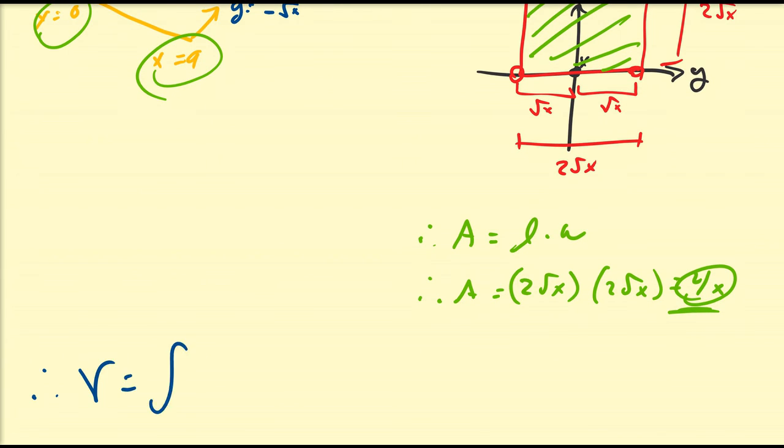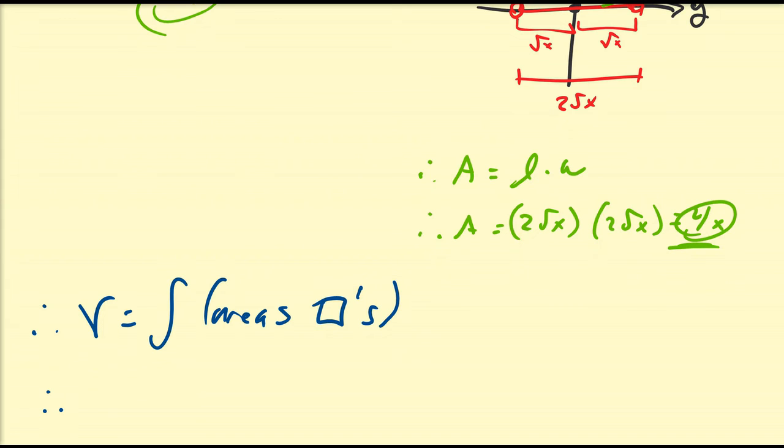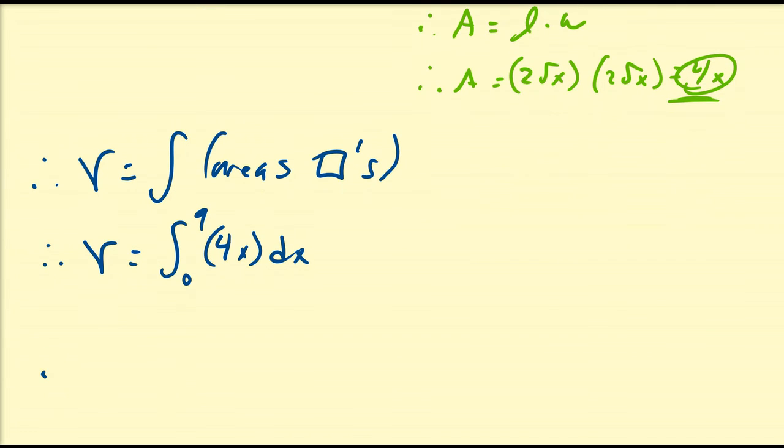So volume again is going to be the integral of all the areas of squares. So that means the volume is going to be equal to the integral from 0 to 9 of 4x with respect to x. So by the fundamental theorem of calculus, we know that that is equal to x squared divided by 2, so the 2 and 4 will simplify.